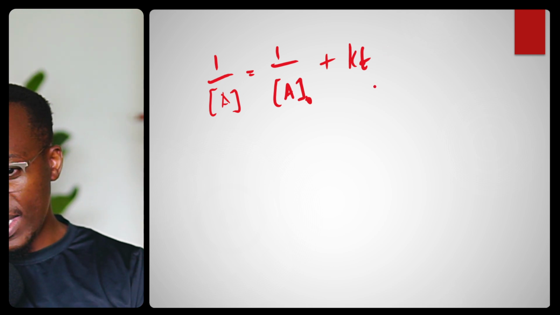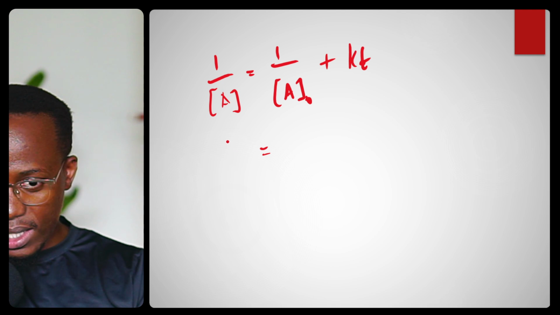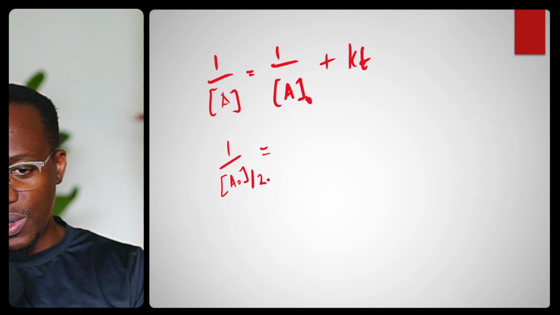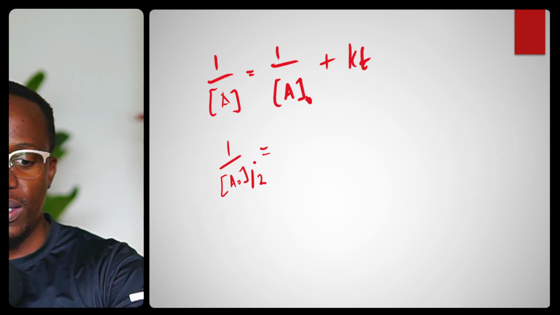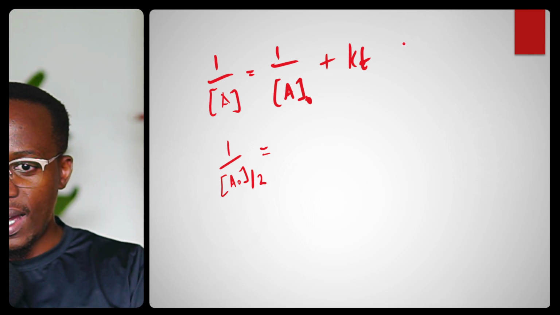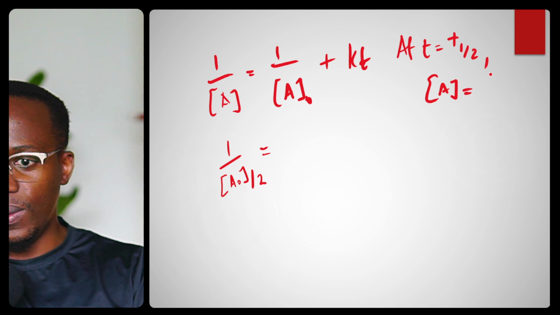At the time that's the half-life, the concentration that we are at is A0 over 2. So a at time equals t half, or half-life, is A0 over 2.